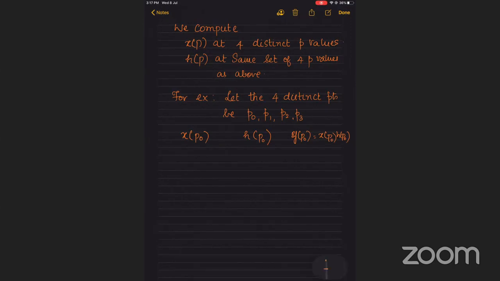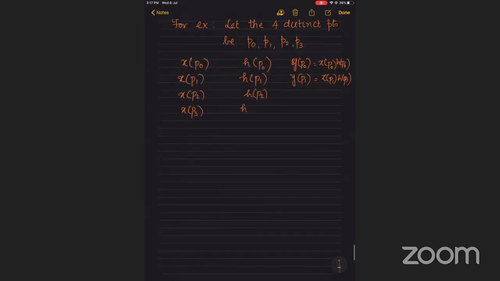Similarly, I do the other ones: x of p1, h of p1, y of p1, which is x of p1 times h of p1. I go there, x of p2, x of p3, h of p2, h of p3, y of p2, y of p3. So I'm going to do a pointwise multiplication of the two polynomials.